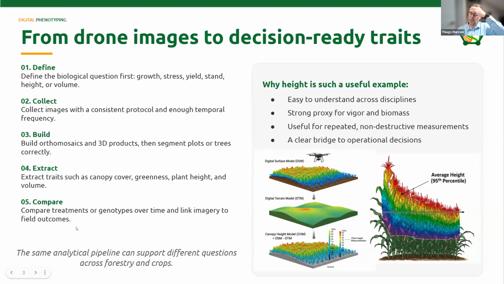One of the traits that I am asked about the most is height, right? So why is this important? We measure height in every single crop, so it's very easy to understand why we need to measure it.